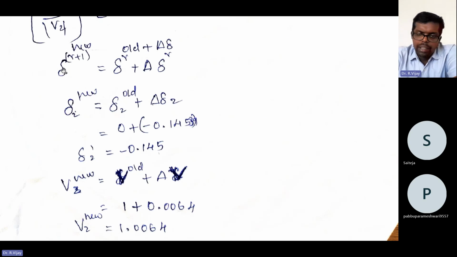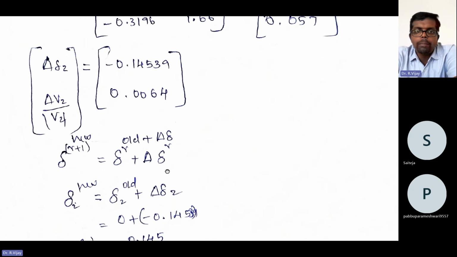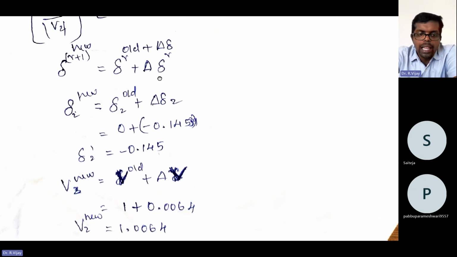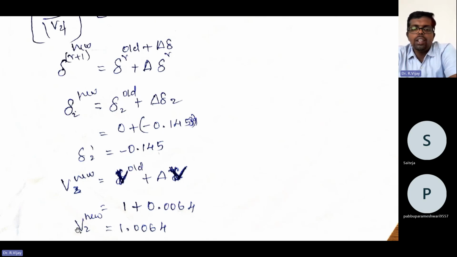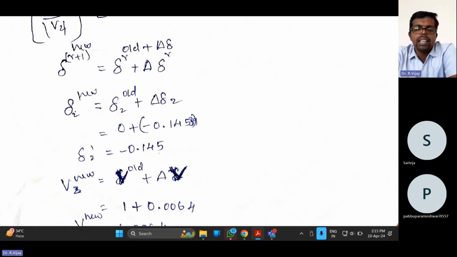Even in the Jacobian matrix we calculated the same, but there the steps are simple. So here you need to calculate the Jacobian matrix, and from that we calculate the change in the voltage value, the change in the delta value, the new delta value and the new voltage value.